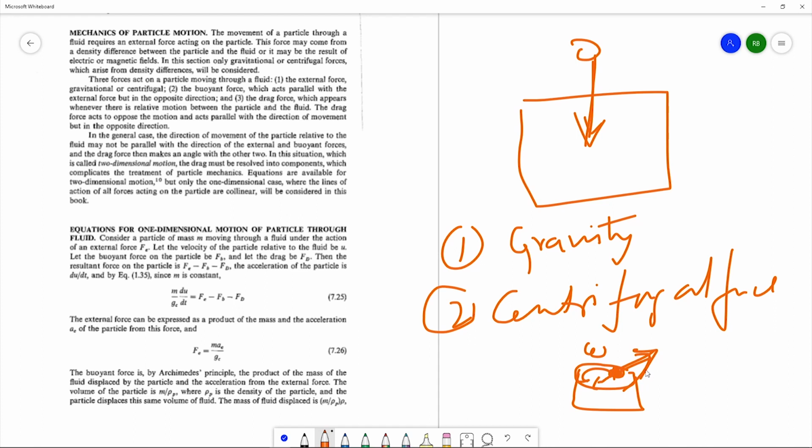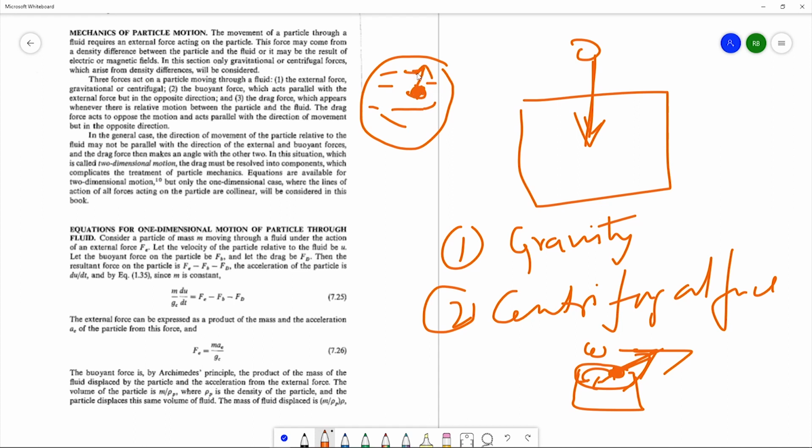Suppose the particle is rotated by a centrifuge, and we have a fluid here. The fluid will also rotate. Because of the centrifugal force, this particle will move outwards.